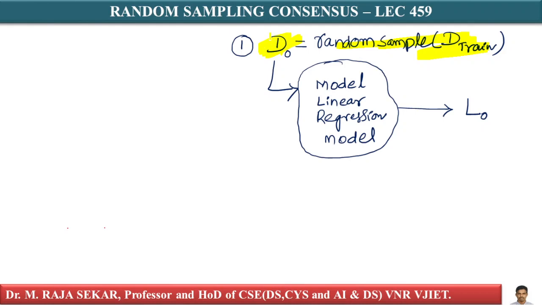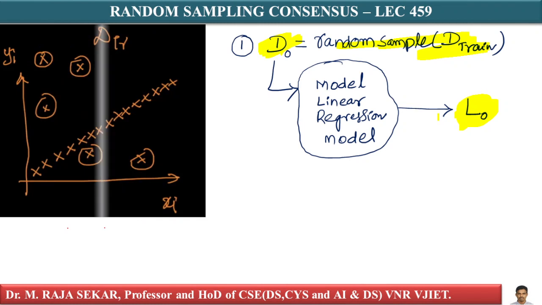On this D0, let's build a linear regression model which results in a line L0. When I sample, most points are going to be inliers.